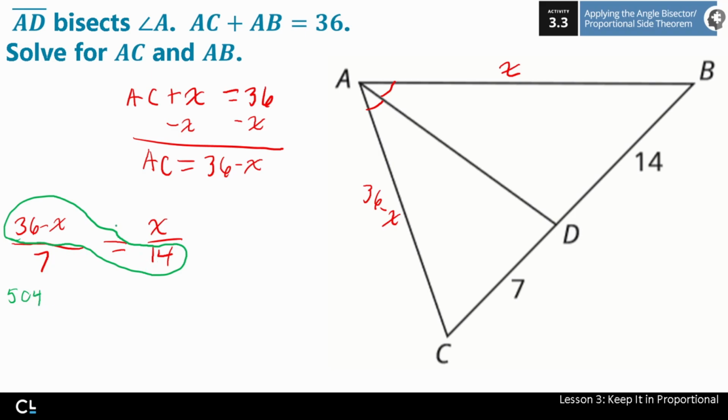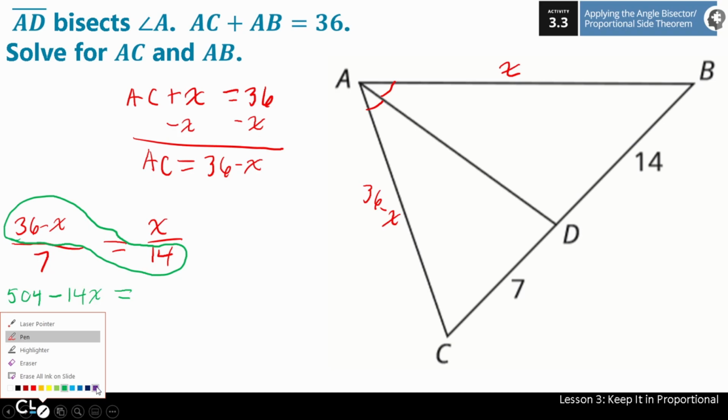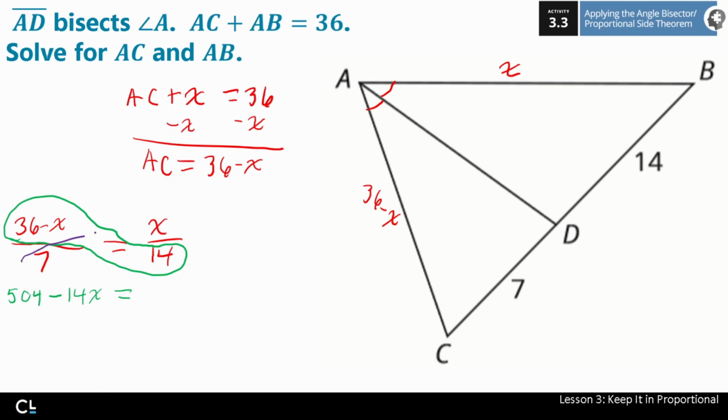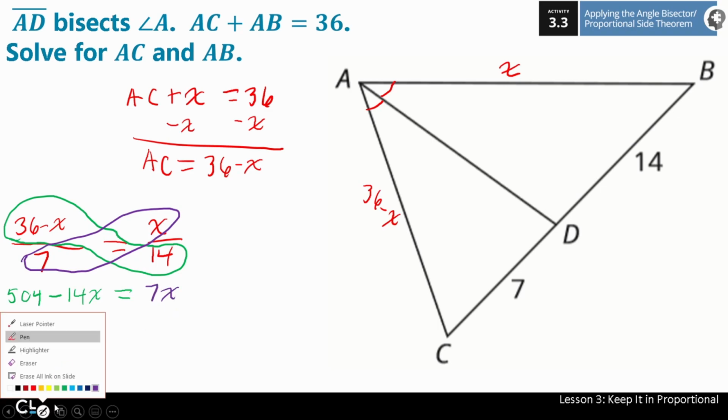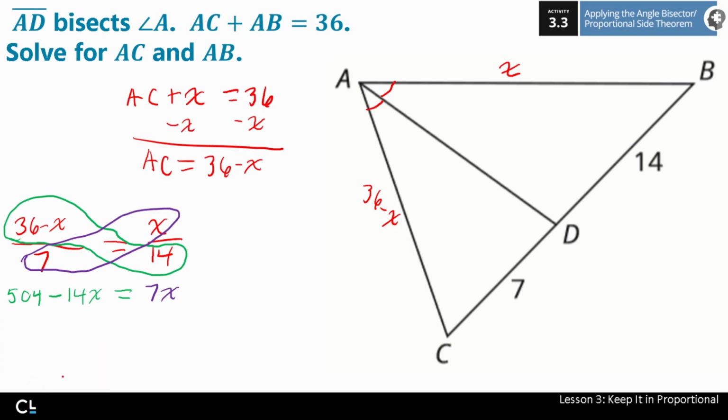And then 14 times a negative X, which will give me negative 14X equals, and then we get 7 times X. We get 7X. Right? So you cross multiply there. You have to distribute the 14 to 36 and then negative X. And we cross multiply 7 times X and get 7X.